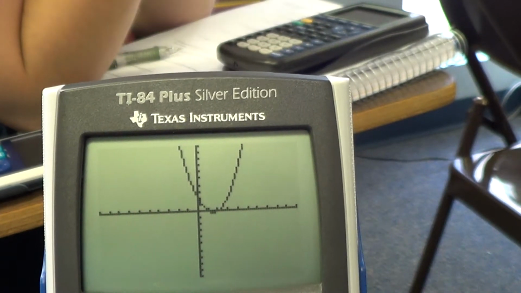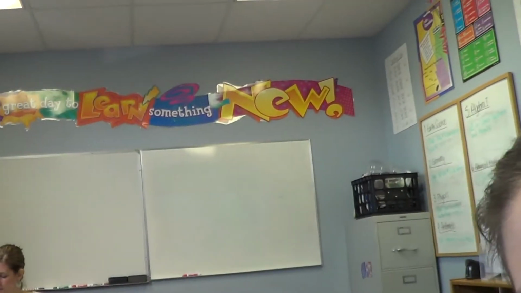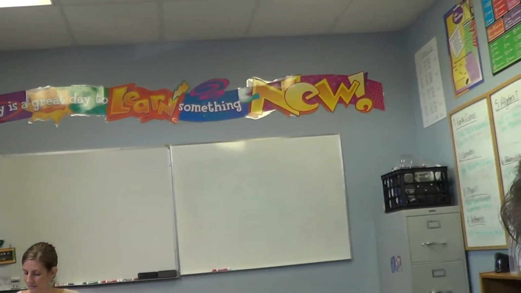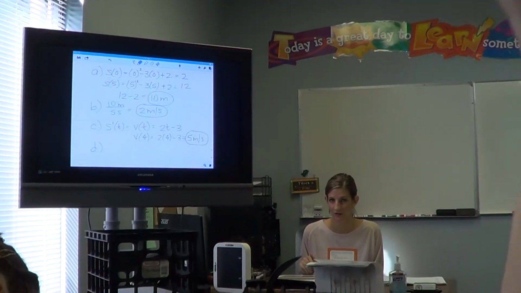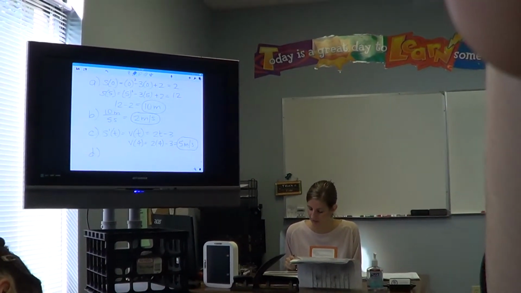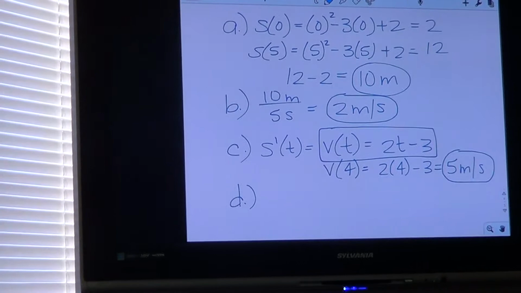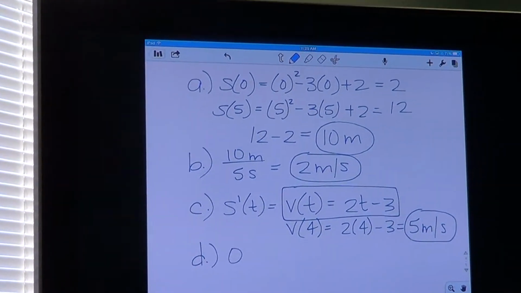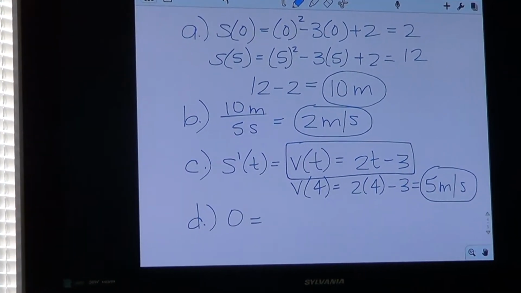So, how will we figure out when that is? We set the what equal to 0? Velocity. Set the velocity equal to 0. So the velocity function we found in part C. So if we make the velocity 0, that will tell us when our object is changing directions.